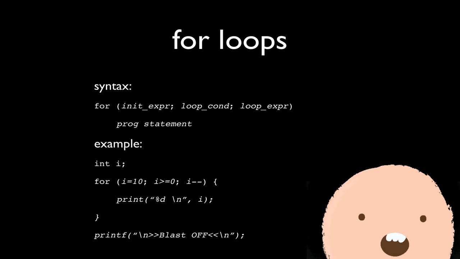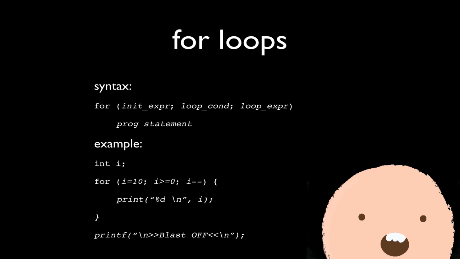Then we have a loop condition, and this is what executes at the top of the loop every time to see whether or not another iteration should proceed. So as long as the condition is true, it will continue. Then we have a loop expression, which is basically the increment. So after the loop condition is done, the loop expression is going to execute.